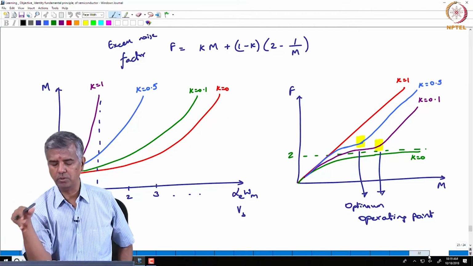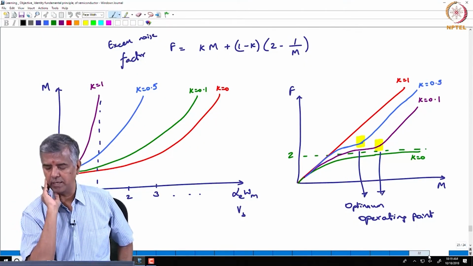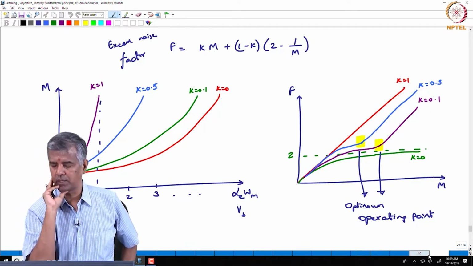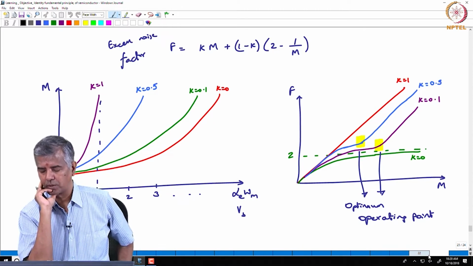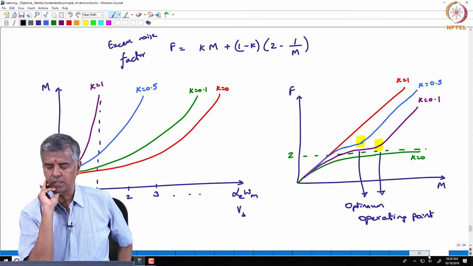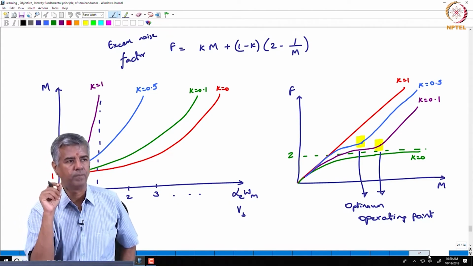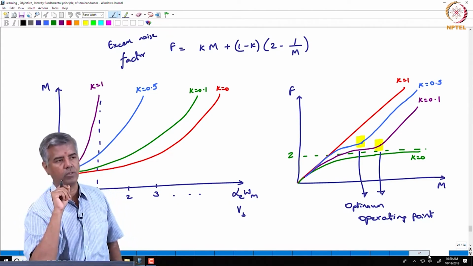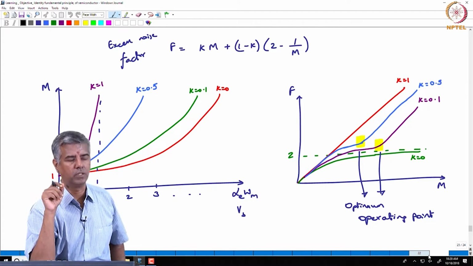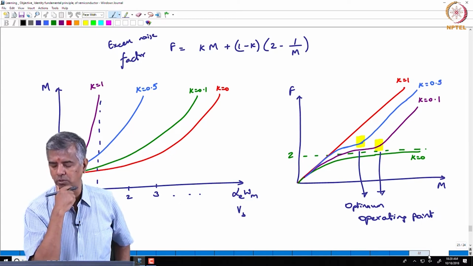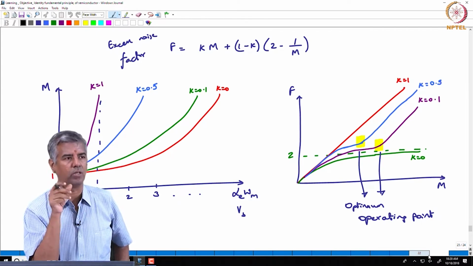And so, we had to look at that picture on the right side, where we said the noise is given by this excess noise factor. When k equals 1, which corresponds to the ionization coefficient of electrons being equal to the ionization coefficient of holes, even as you accumulate gain, you are also accumulating noise.